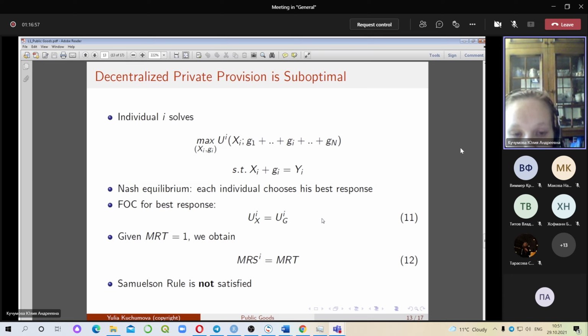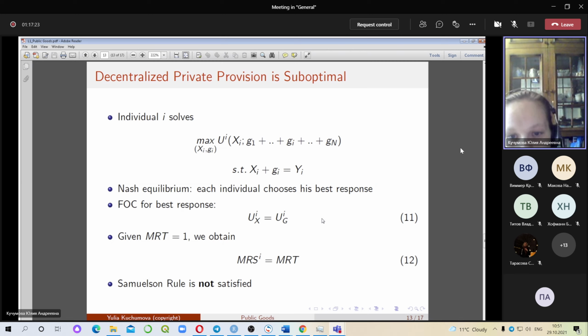And recall that the prices of all goods are set to 1 in this problem, which means that the marginal rate of transformation equals 1. And then equation 11 can be written as marginal rate of substitution equals marginal rate of transformation.